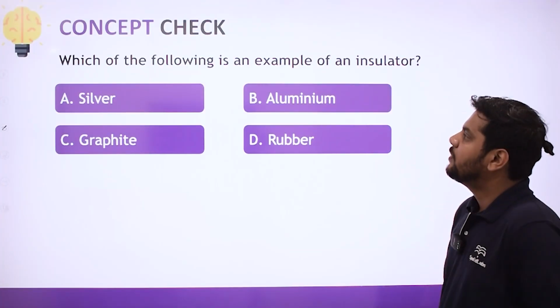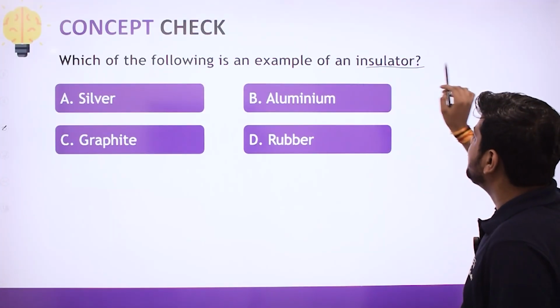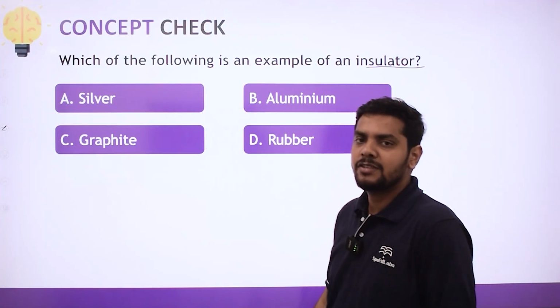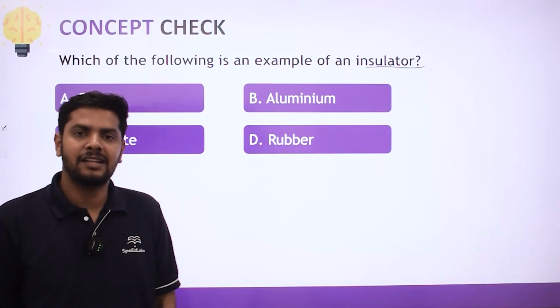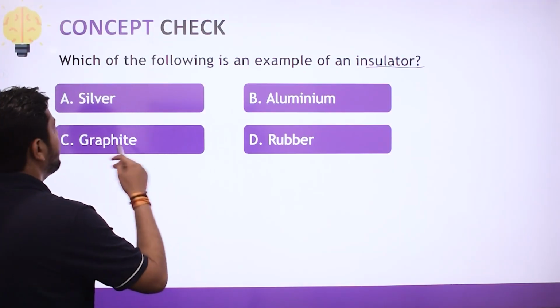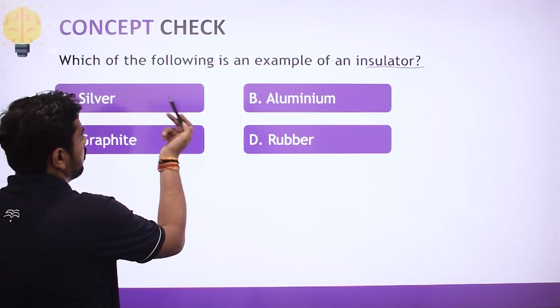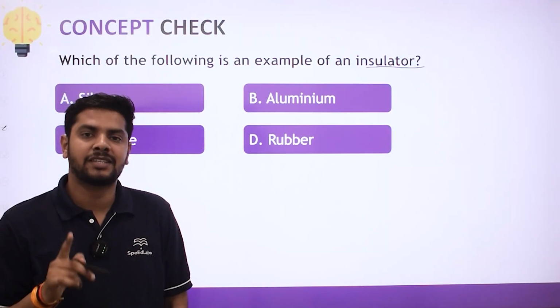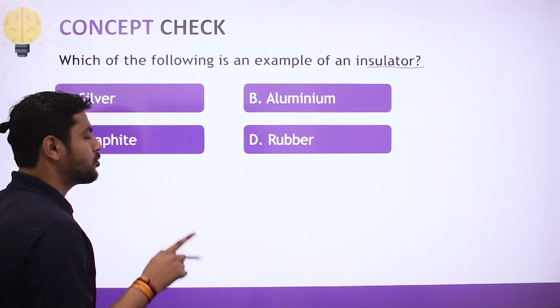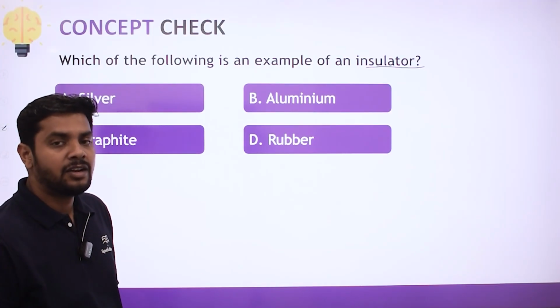Next question. Which of the following is an example of an insulator? Insulator simply means, students, the one which will not allow electric current to flow. So you can see here silver, it is a metal. So no. Apart from that, graphite, a special case, as I have explained to you, an exceptional case of carbon. So carbon is a conductor or insulator?